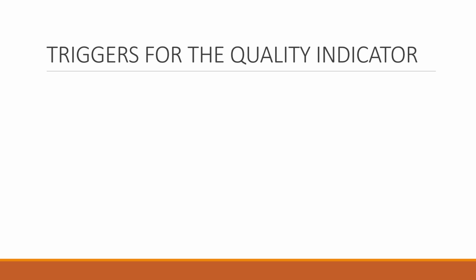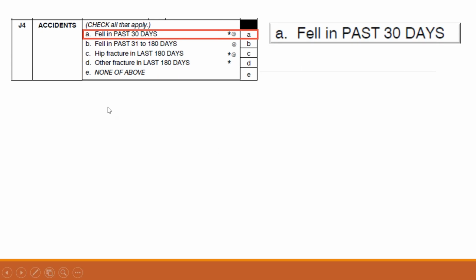The trigger that sets this quality indicator is just one item on your MDS form. Section J4 accidents, item A, fell in the past 30 days. Okay, and so I've blown it up here on the side just to make it clear.